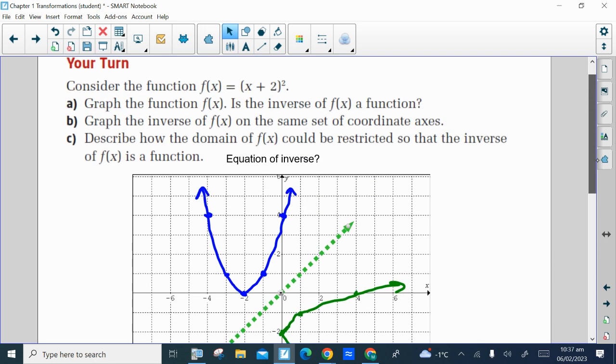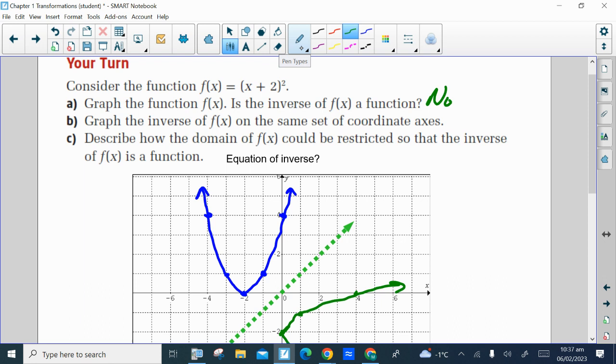Okay, so the inverse is not a function. But we can restrict the domain on the original relation so that the inverse is a function.